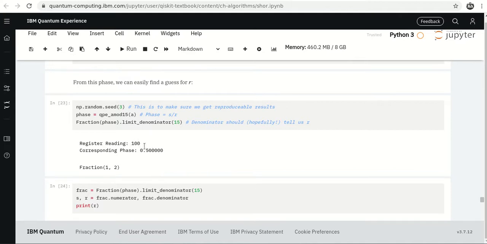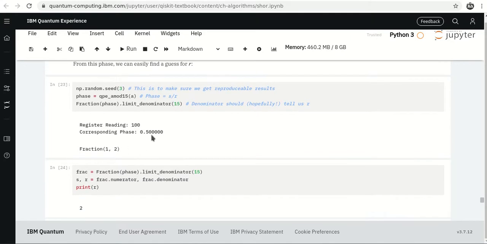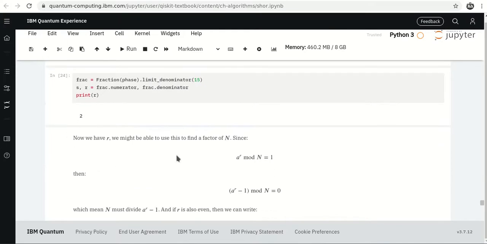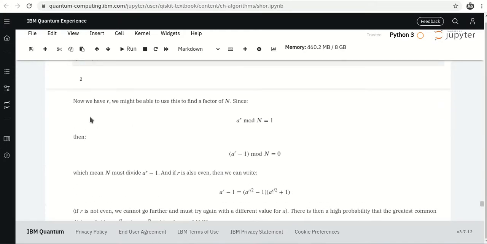So how many qubits are there? 0 1 2, so 2 to the power 2, which is 4, and this is 2 to the power 3, so this is 8. So the corresponding phase is 0.5. Now we find the 0.5 fraction, one of the values will be 2, and then the other value can be guessed. Now we have r, we might be able to find a factor of n.